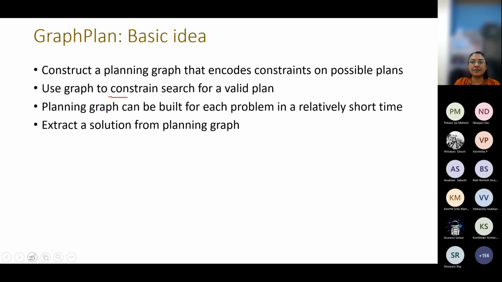As we see, the planning graph can be built efficiently given the description of a planning problem. Once the planning graph is constructed, which can be done in polynomial time, we can try to find out if we can extract a solution from it.